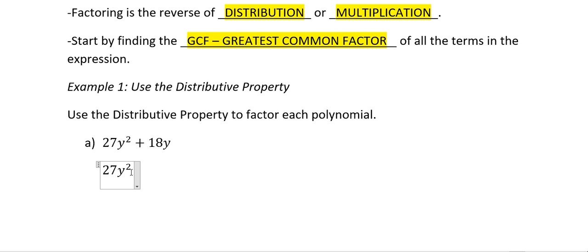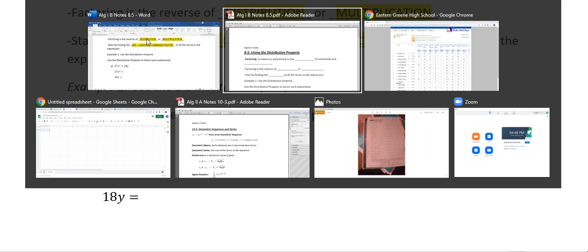We're going to write out its factors, and we're going to do the same thing for 18y, and then we're going to compare them and find the GCF. The easiest way to think about the numbers is to create a factor tree.